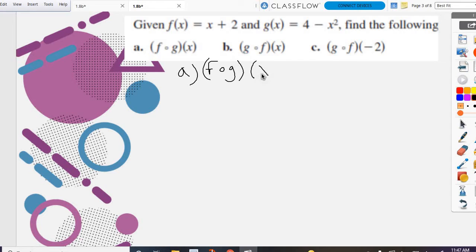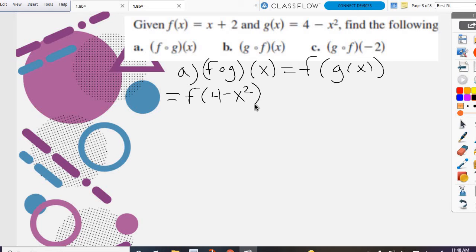Which one am I plugging in? G, because it's the one on the right. So I would have f of g of x, and they tell us that g of x is 4 minus x squared.